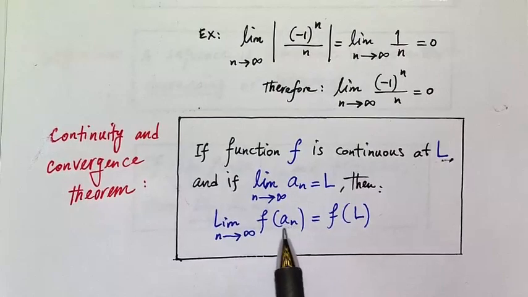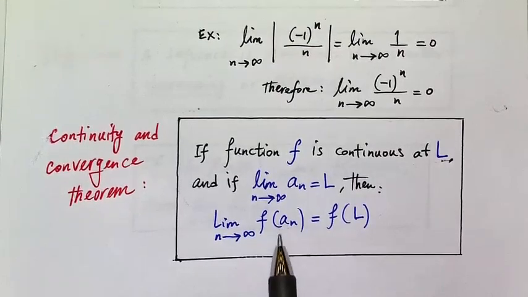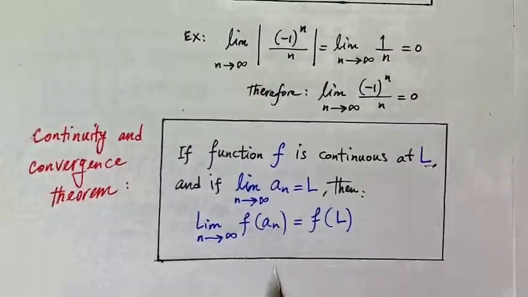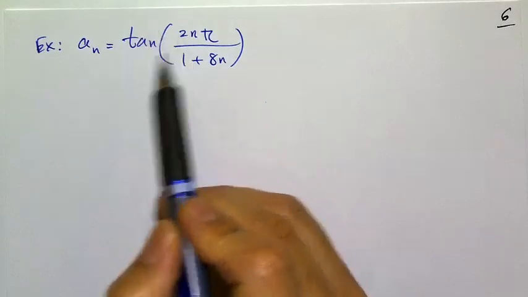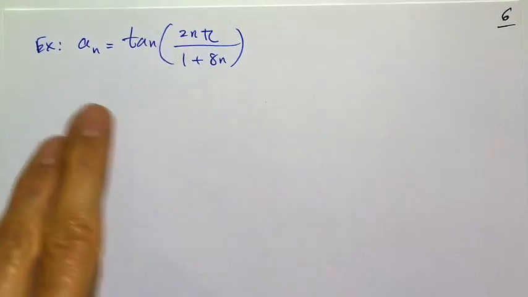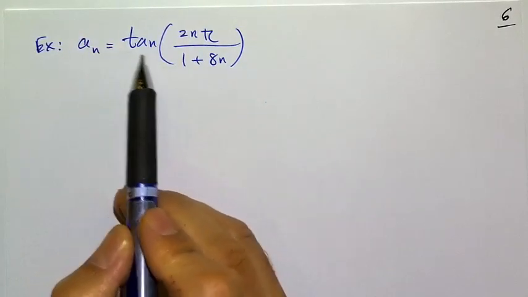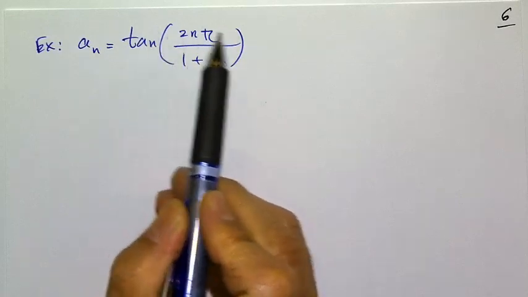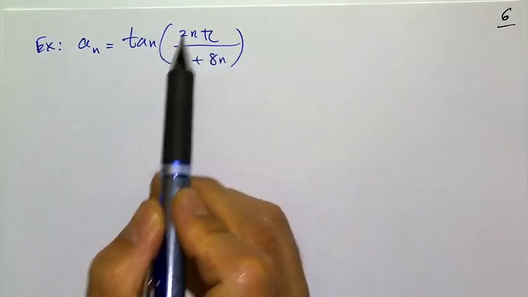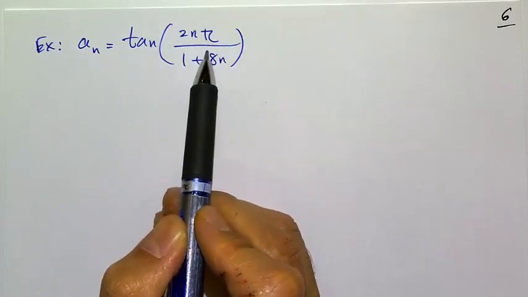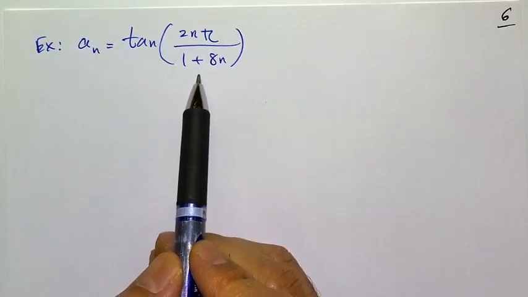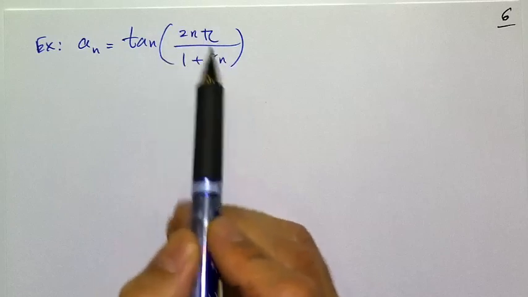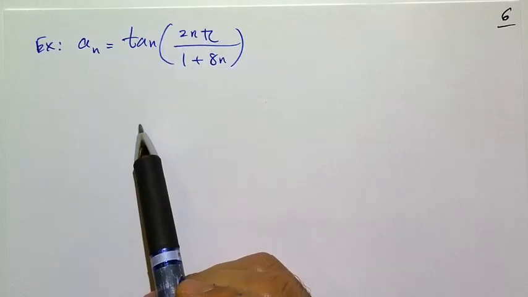So then let's consider the argument of this function. If we look at this tangent as a function, for a second disregard that this is a sequence, consider this as a function, and this being the argument. Let's find the limit of the argument of that function.